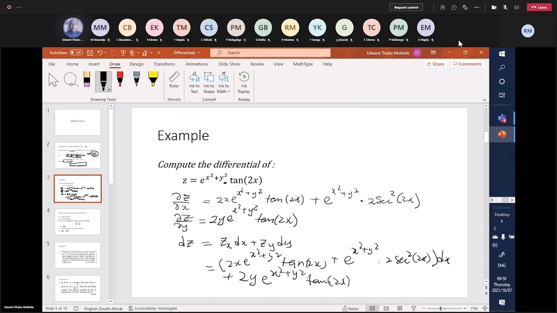This one is just multiplication, there's no need to close the bracket. So dy. So now we have determined the total differential of this given function. That's how you will approach it.